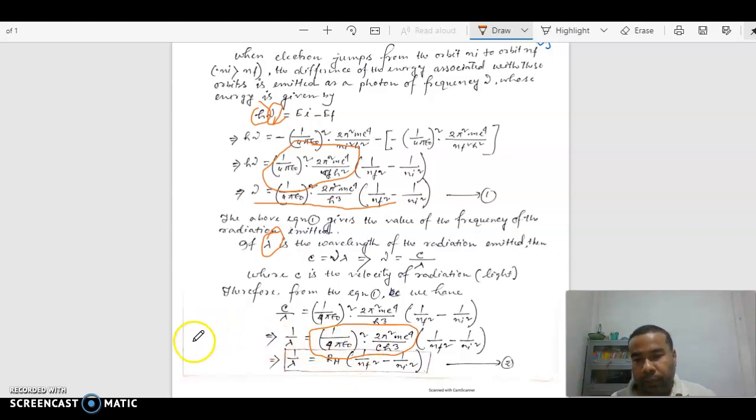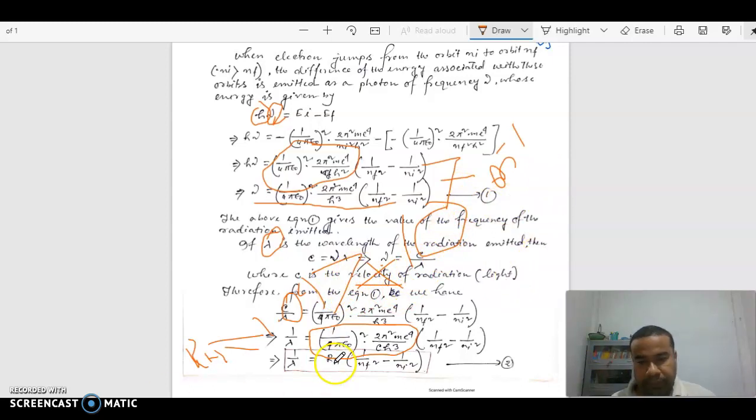Its value is 1.097 into 10 to the power 7 per meter. This is the value of the Rydberg constant.